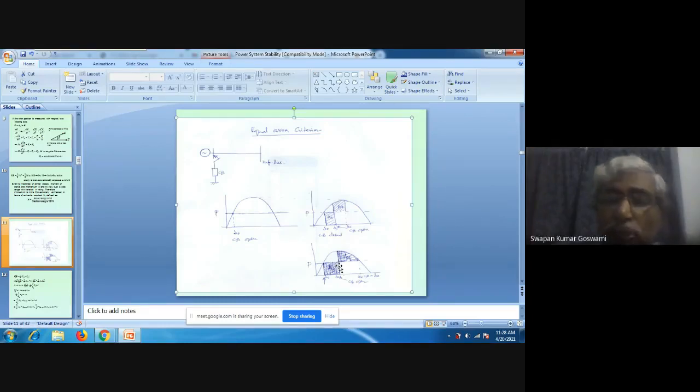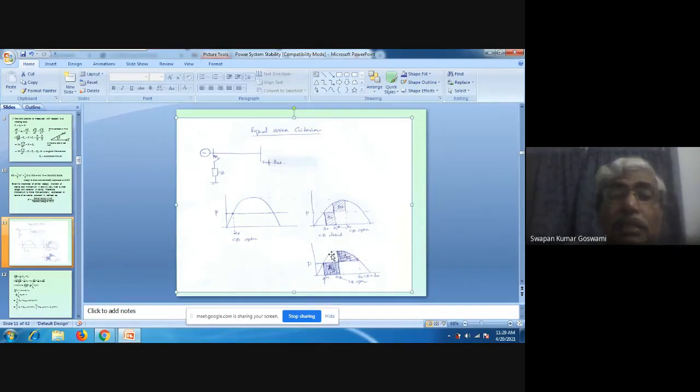If we delay the clearance of the fault further, then the machine cannot restore the synchronous speed. That means for maintaining synchronism, for maintaining stability under large disturbance, two such areas must be available to the system, where one area represents the energy inserted into the machine, and the other represents the energy extracted from the machine.